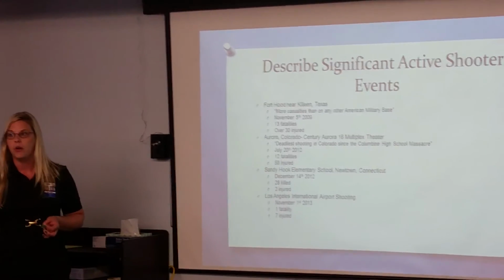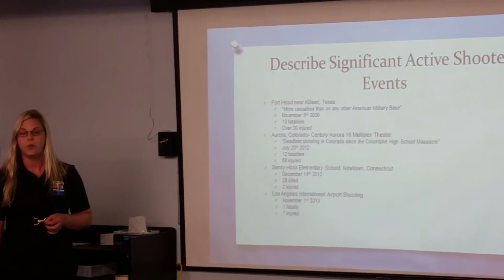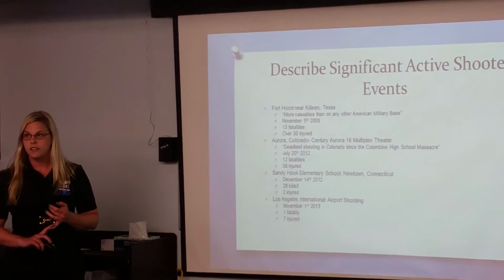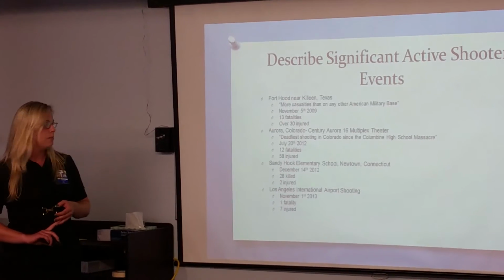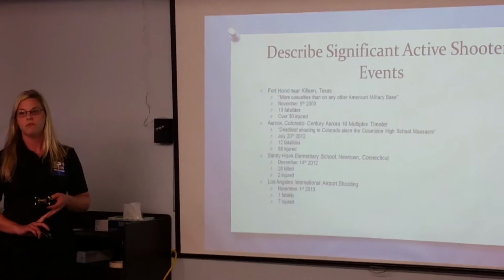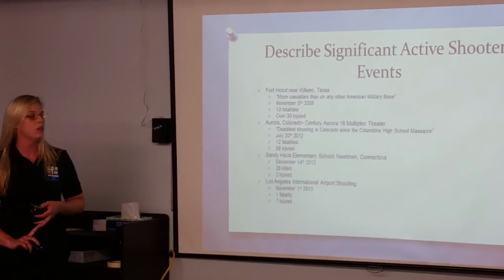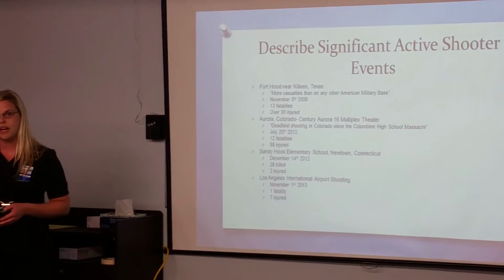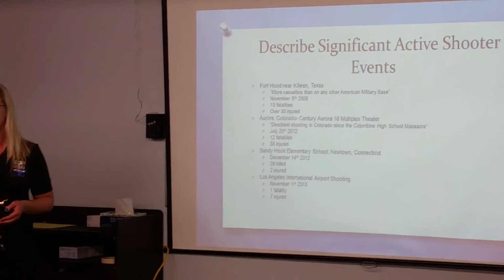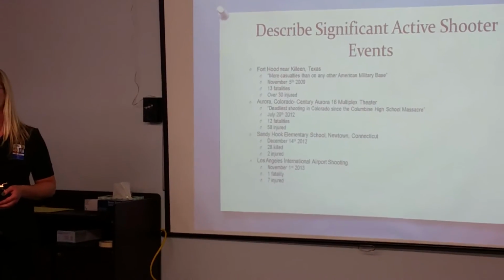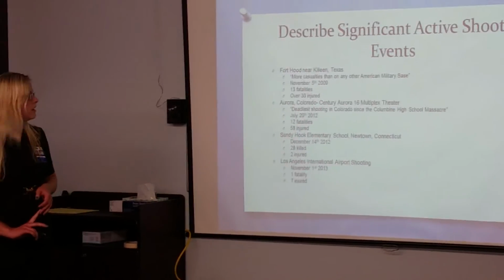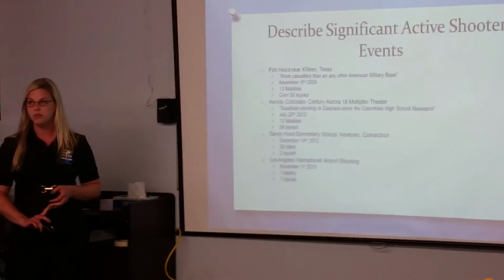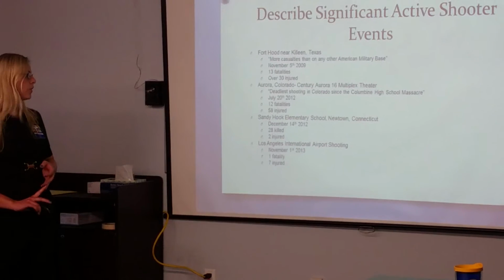In Aurora, Colorado on July 20th, 2012, an assailant entered the Century Aurora 16 multiplex theater. He claimed the lives of 12 people and injured 58. In Newtown, Connecticut, there was a Sandy Hook Elementary School shooting that took place on December 14th, 2012. 28 were killed, 2 were injured.